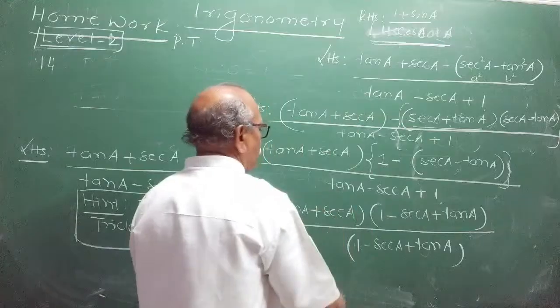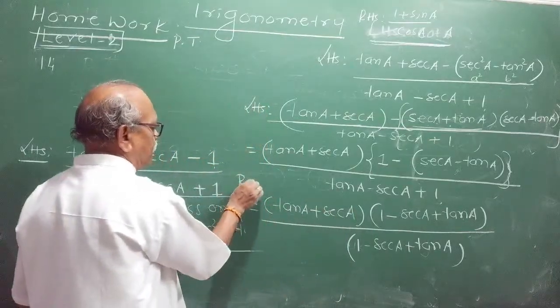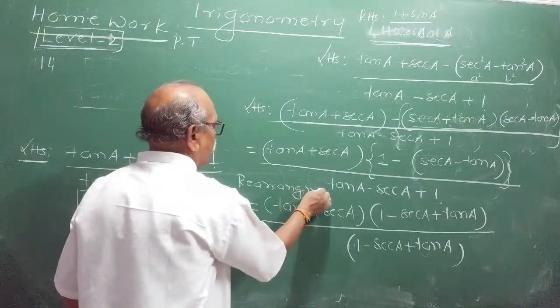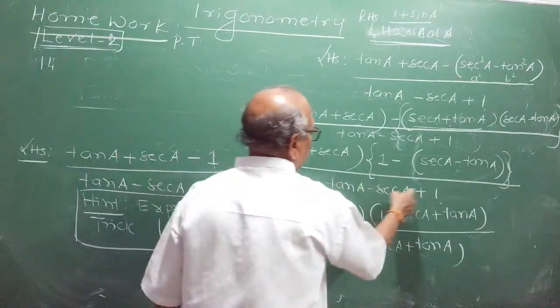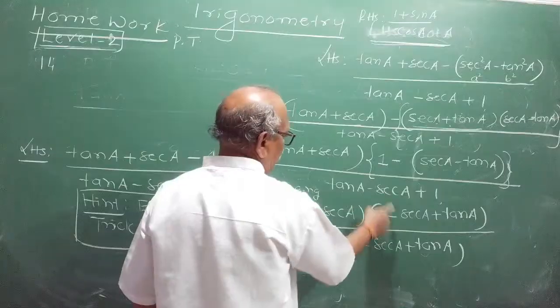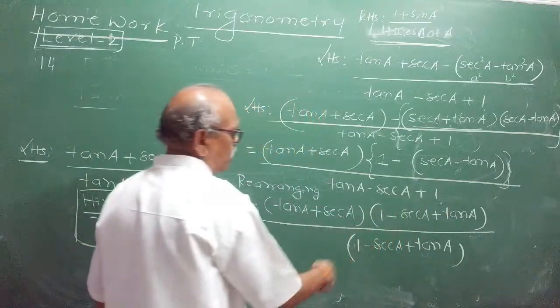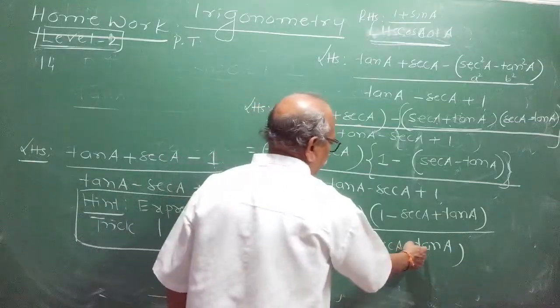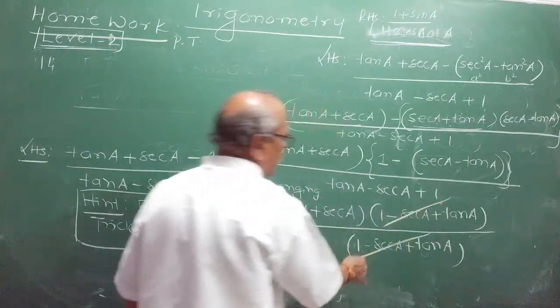Observe the rearrangement. I am rearranging the denominator: tan A minus sec A plus 1 can be written as 1 minus sec A plus tan A. Observe here: 1 minus sec A plus tan A is the numerator, and 1 minus sec A plus tan A is the denominator. Both of them will get cancelled.